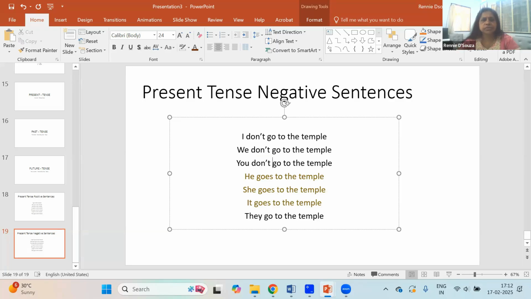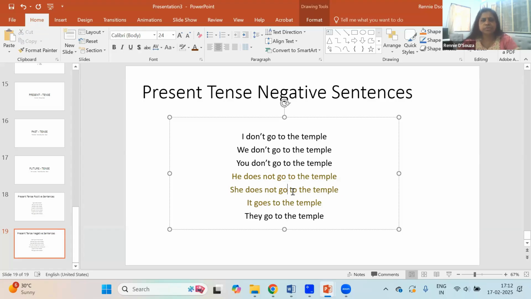While using a negative sentence, we use do for I, we, you, they. Alright. So I don't go to the temple, we don't go to the temple, you don't go to the temple. Whereas for he, she and it, it should be does not go to the temple.